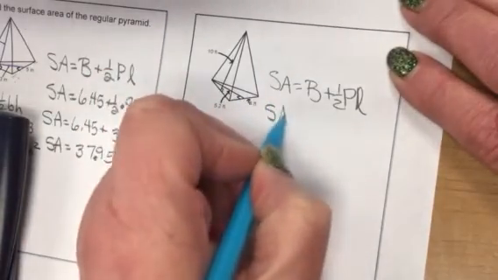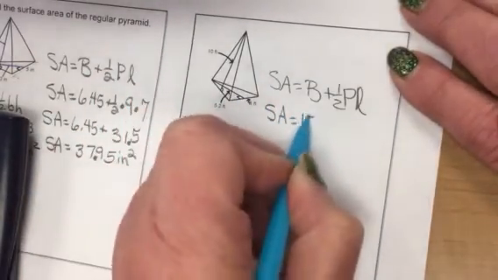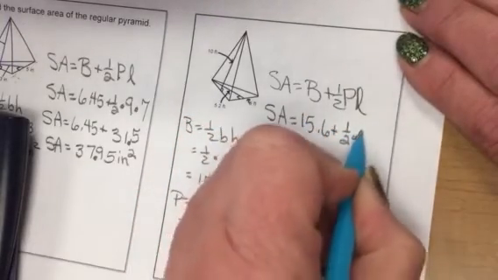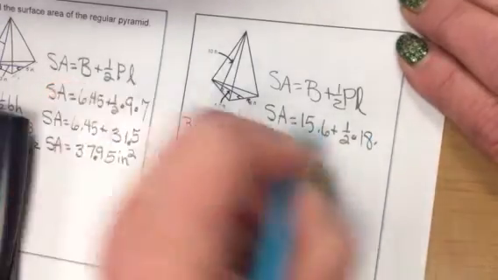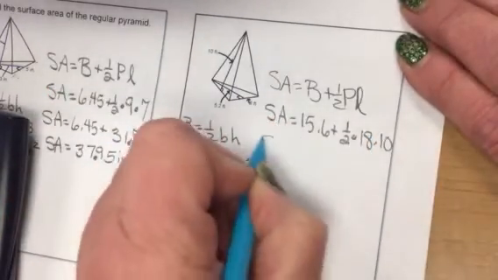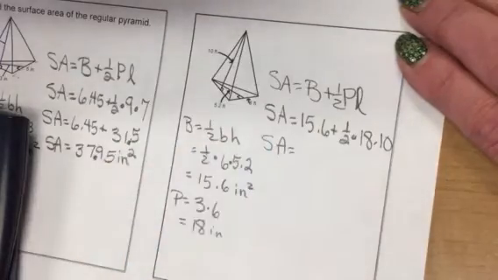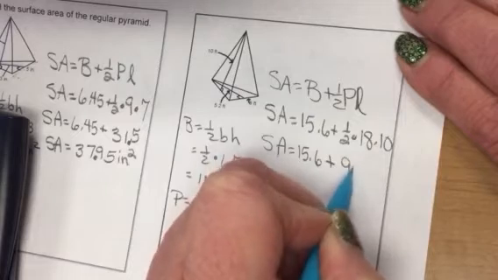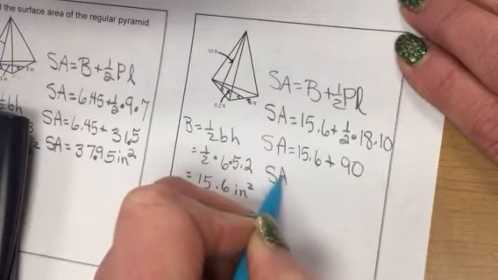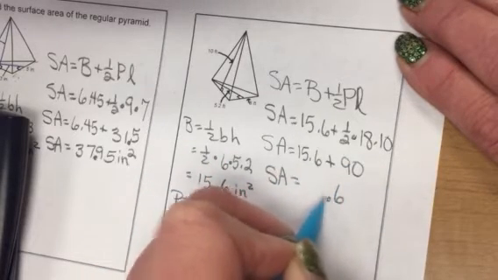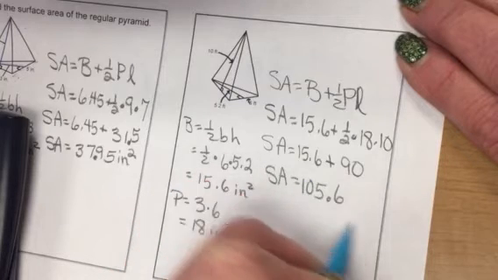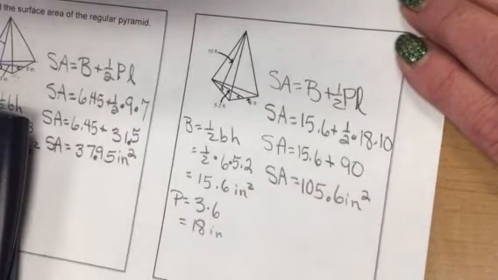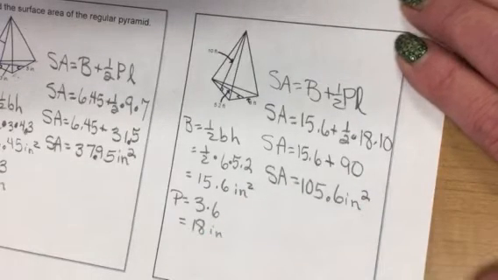So my surface area is 15 6/10 plus 1/2 times 18 times 10. So 15 6/10 plus 90. 105 6/10 inches squared for that surface area.